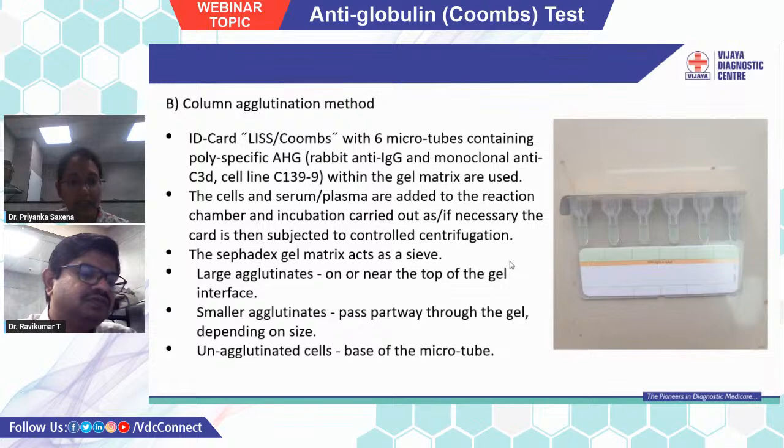The cells and the serum or plasma, after being added to the reaction chamber, are subjected to incubation and then controlled centrifugation. The gel matrix, which is present in the tube, acts as a sieve. So the larger agglutinates of cells are present near or on the top of the gel interface. Smaller agglutinates, depending upon their size, pass through the gel, and unagglutinated cells settle down to the base of the microtube.